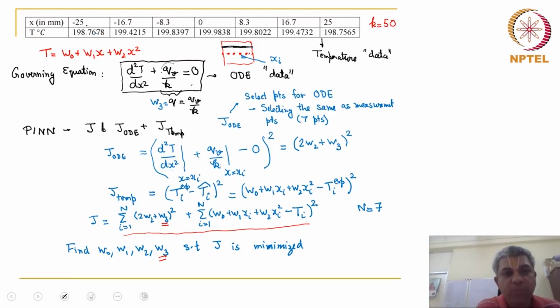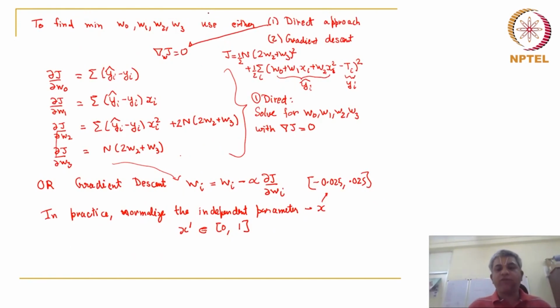So this point now in x prime coordinates will be x prime is 0, and this point will be 1, and since these are uniformly distributed, we will just linearly shift everything. So this will probably be 0.142 or something. I think this is 1.36. Six points, so 0.166, 0.33, etc. So this point will be exactly 0.5 in the middle. So x prime will go from 0 to 1, x will go from minus 0.025 to plus 0.025.